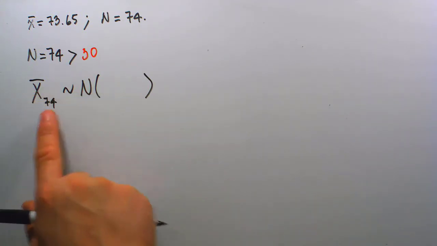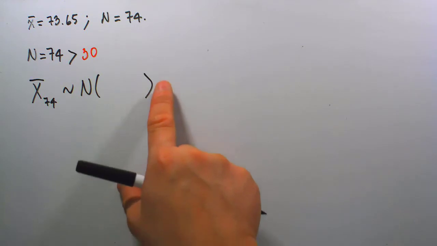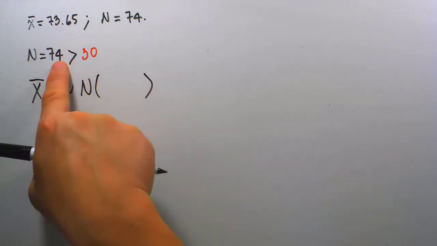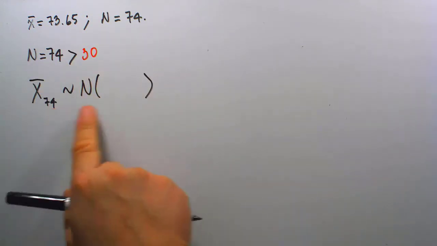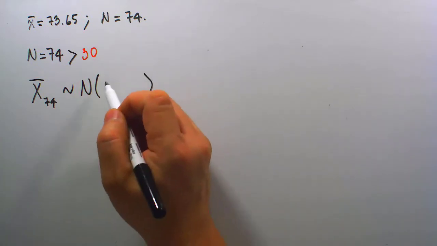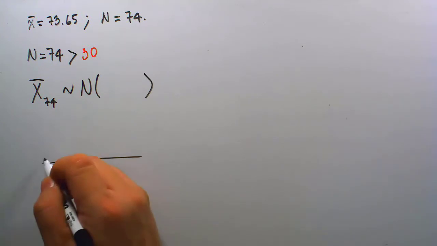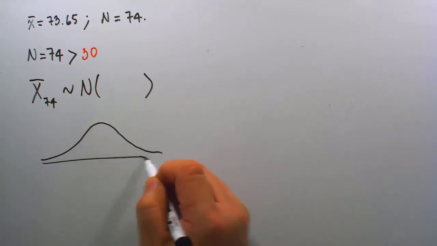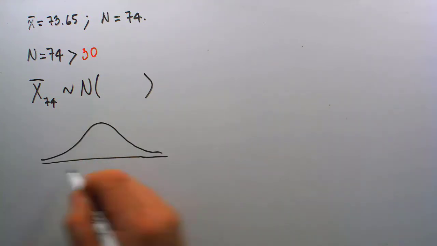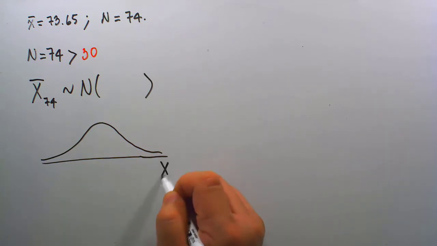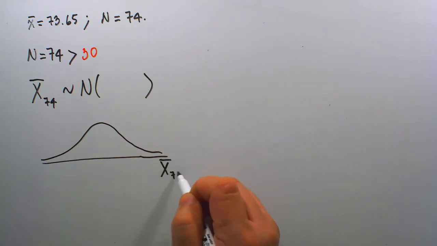So now we know that all sample means of this kind at sample size 74 would be on a bell curve. Left and right on this line would be the values of our random variable capital X bar 74.